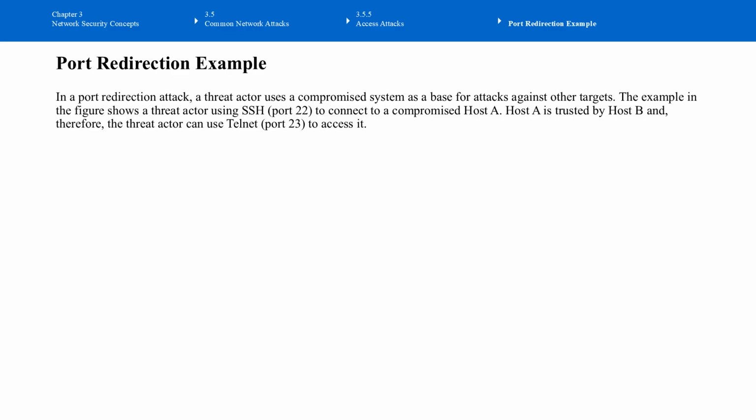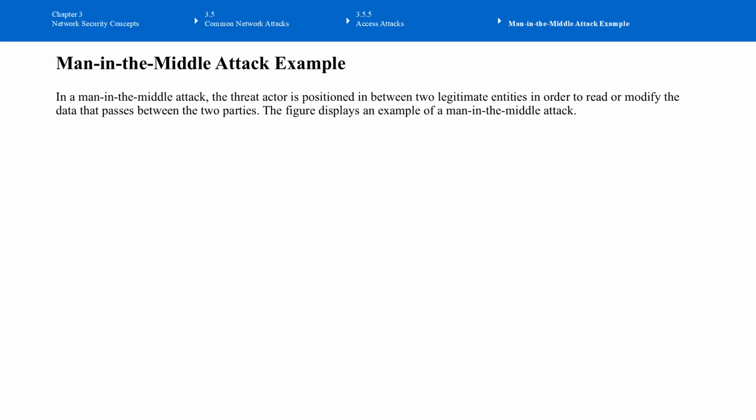So the attack path looks like threat actor, then use SSH to compromise host A, and then use Telnet to connect to host B. Host B may see the connection as coming from host A rather than directly from the attacker.